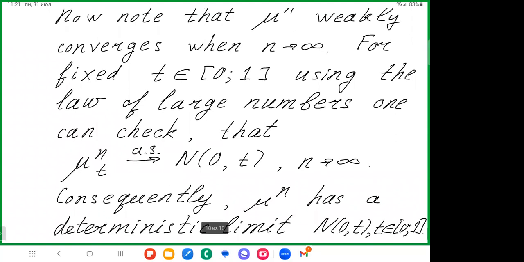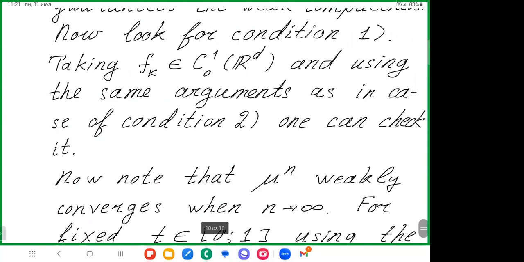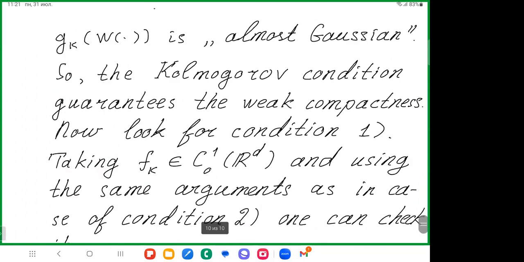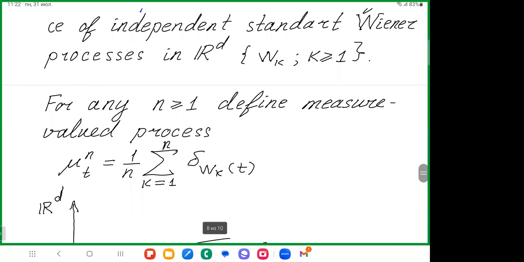This idea gives us a source, as I said, to the so-called McKean-Vlasov equation for the mean field.